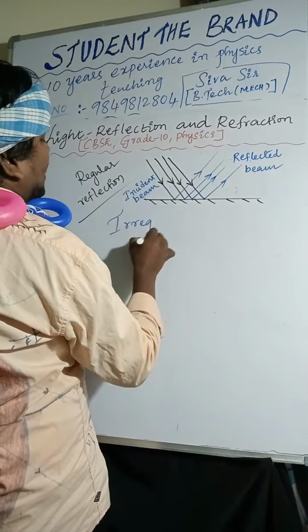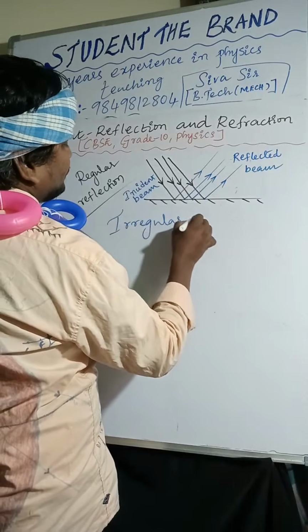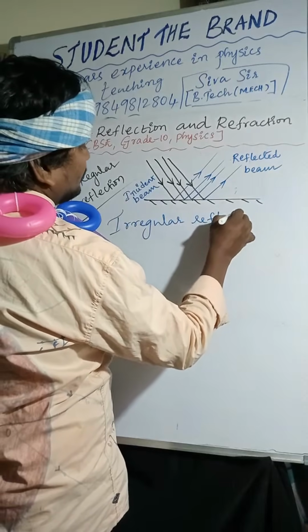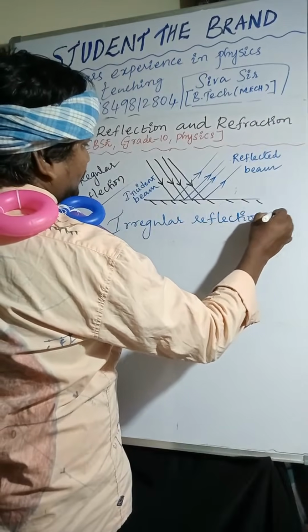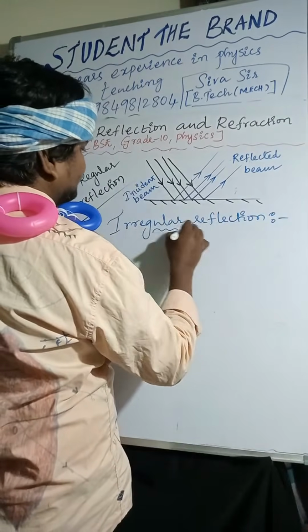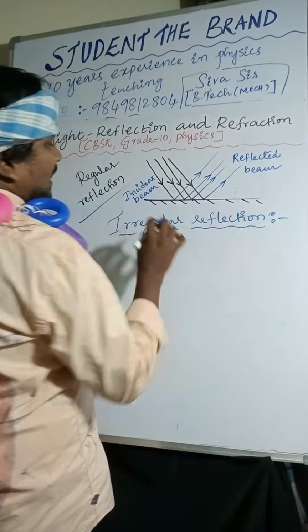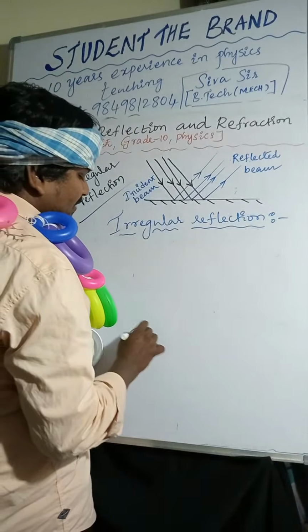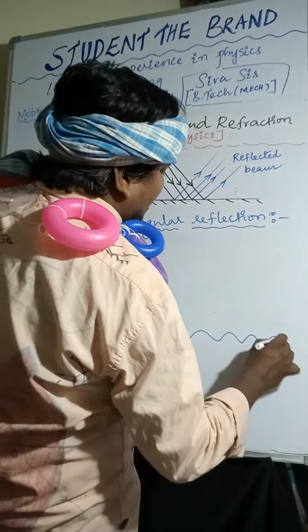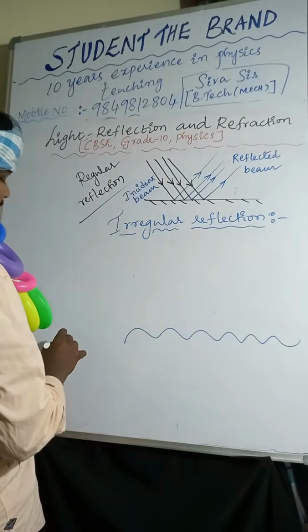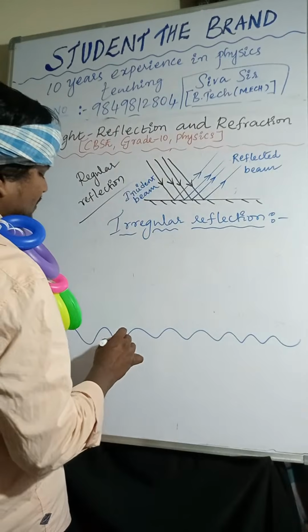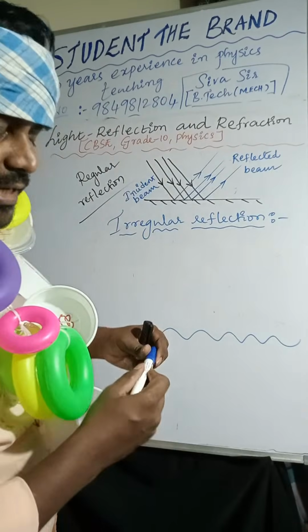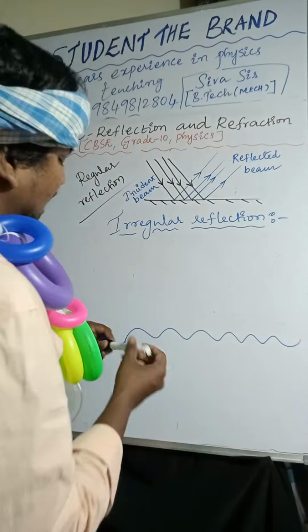Irregular reflection. I am taking the rough surface. This is the rough surface.